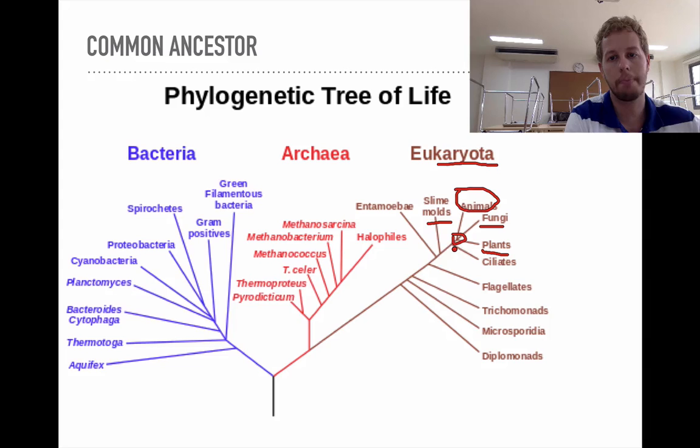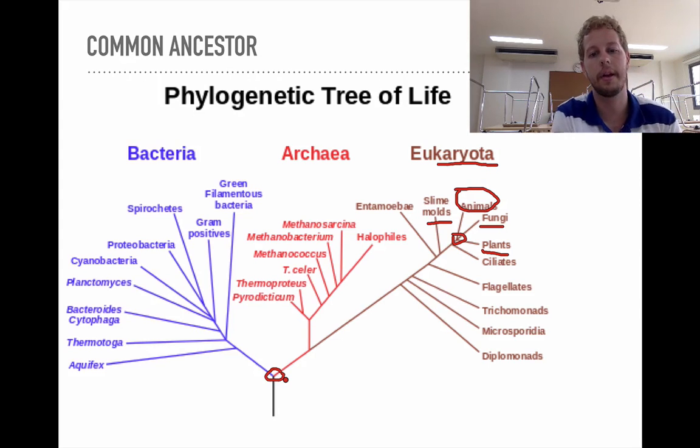And if we go back in time, okay, and that's what this tree is showing here, a history of time, we eventually get to this point where the different groupings of species come together. And it's at this point that is what's referred to as the common ancestor.